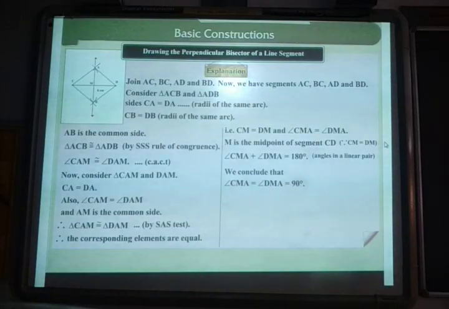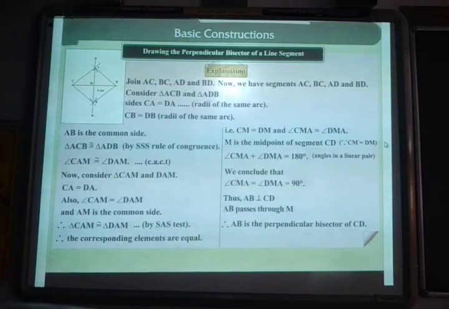So we conclude that angle CMA is equal to angle DMA, which is equal to 90 degrees. Thus, AB is perpendicular to CD and passes through M, which is the midpoint of CD. So we say that AB is the perpendicular bisector of CD.